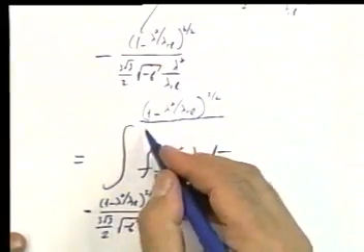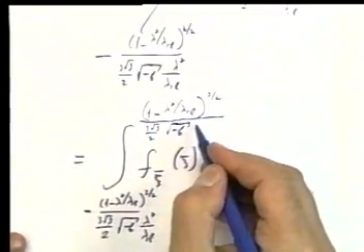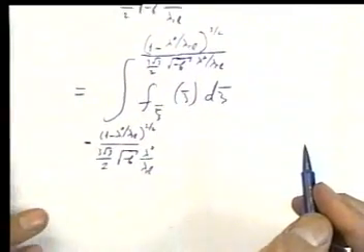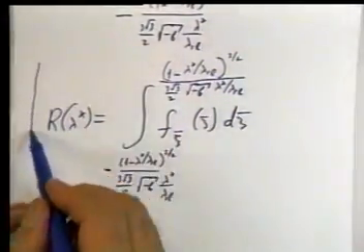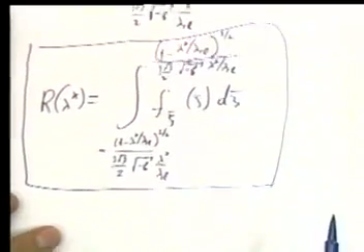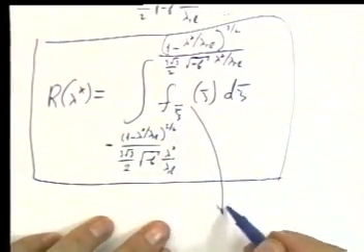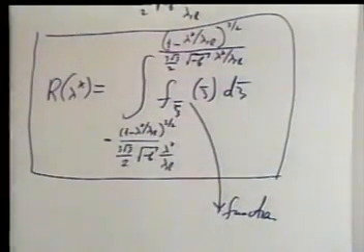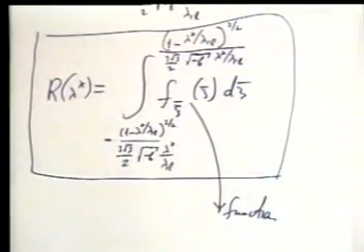So that is R of lambda star. So you have to just put this function. Once you put this function, you will get the appropriate result.